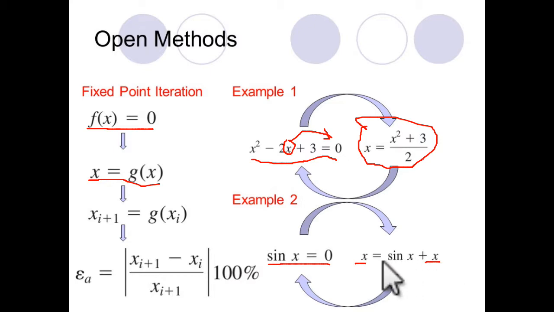This is i plus 1 and this is i. So these are the values from iteration i, and it will give us the value x i plus 1. If the result is getting closer to 0, we say that it is converged.